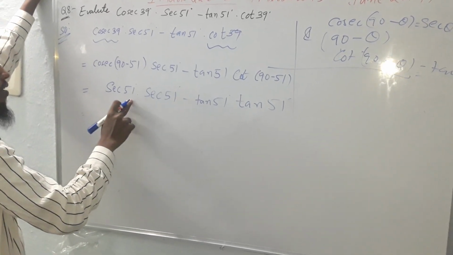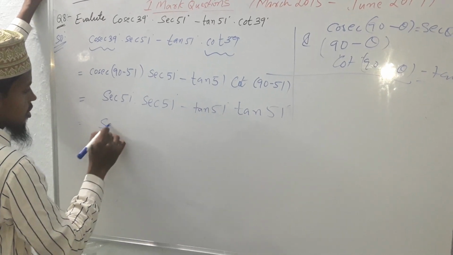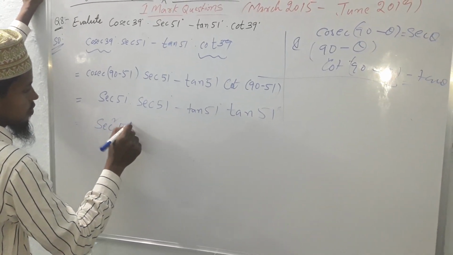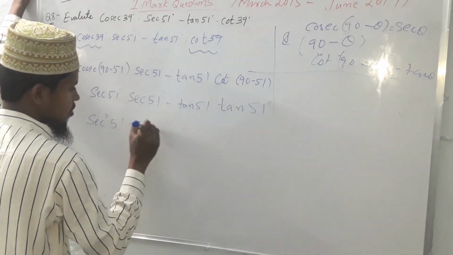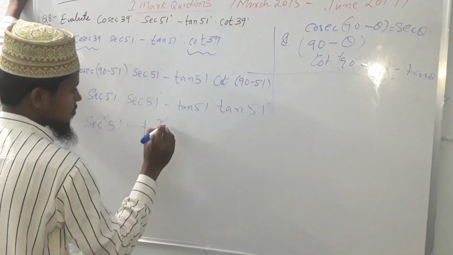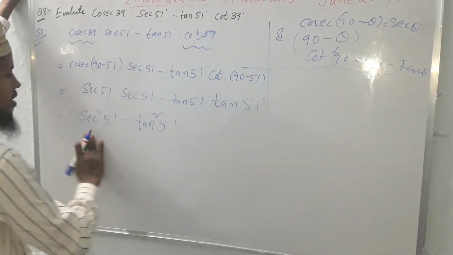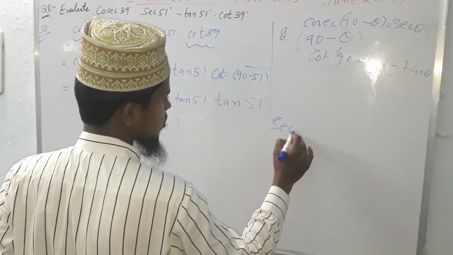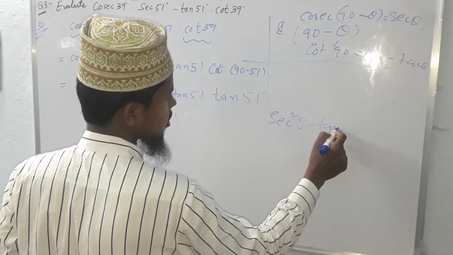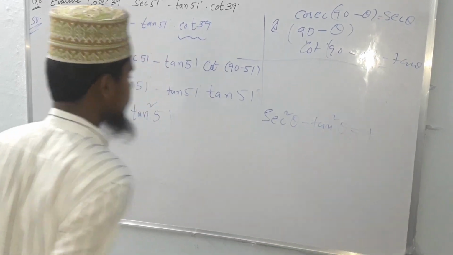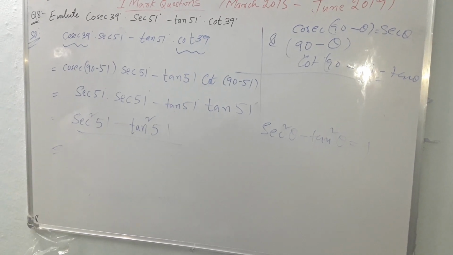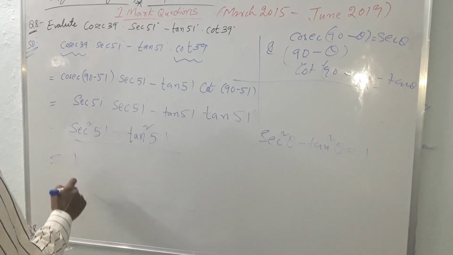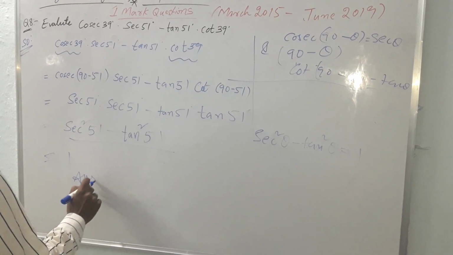Write this: secant 51 into secant 51, secant square 51, minus tan 51 into tan 51, tan square 51. It is the identity: secant square theta minus tan square theta is equal to 1. And the value of secant square theta minus tan square theta is 1.